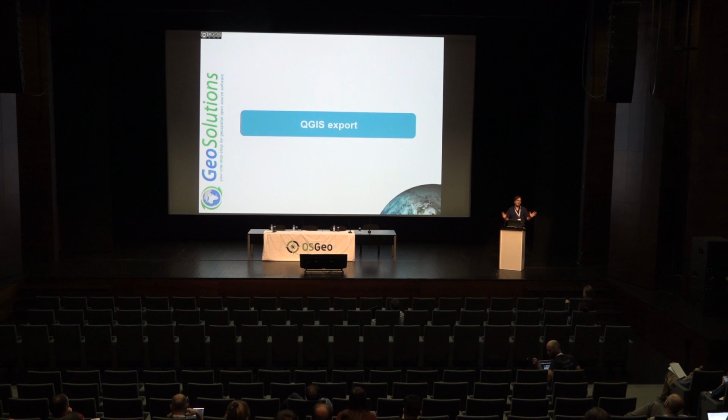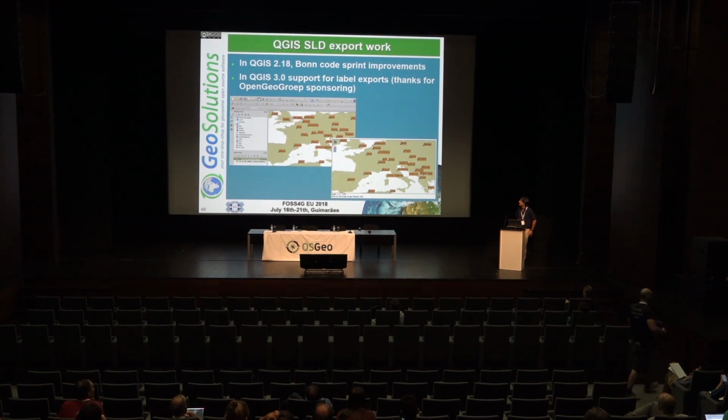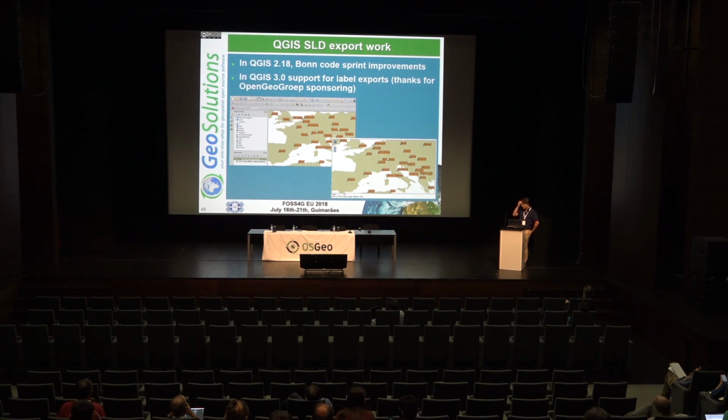Okay, let's say that you listened to me so far and said, this is nonsense, I don't want to hand edit all this stuff, not even in CSS, no way. If you want to use an open source tool to make styles, you could use QGIS, especially in version 3, where the export has been improved significantly.